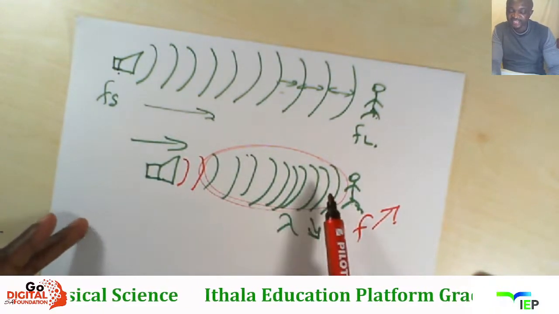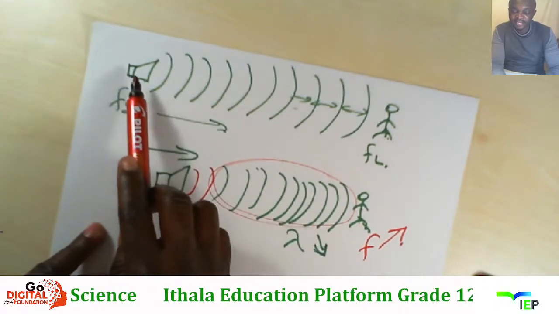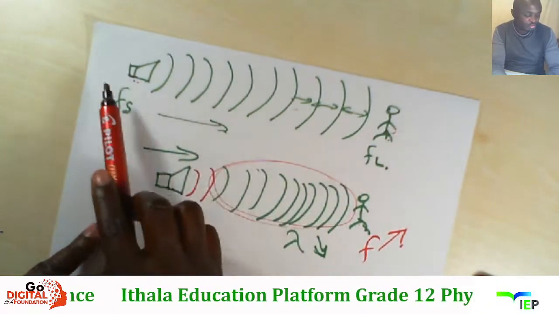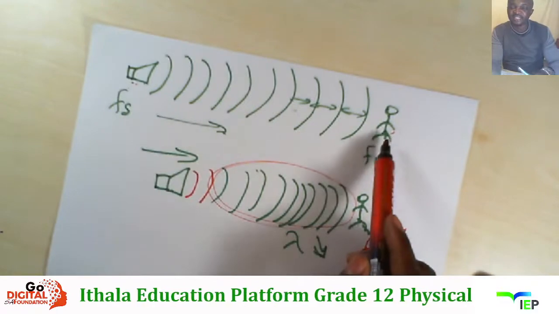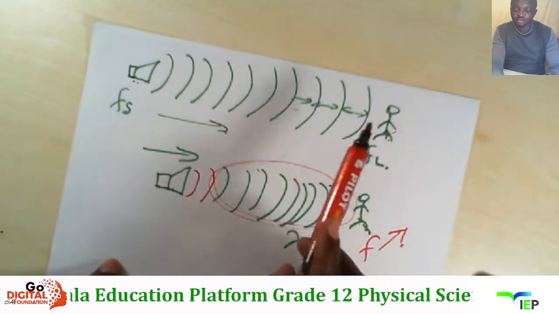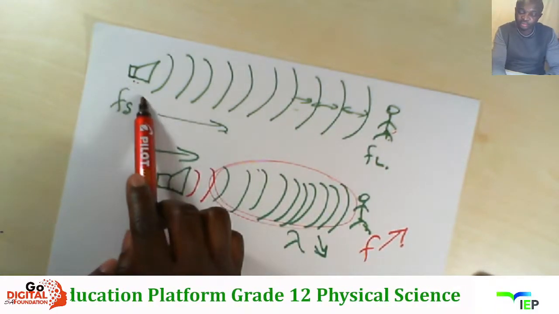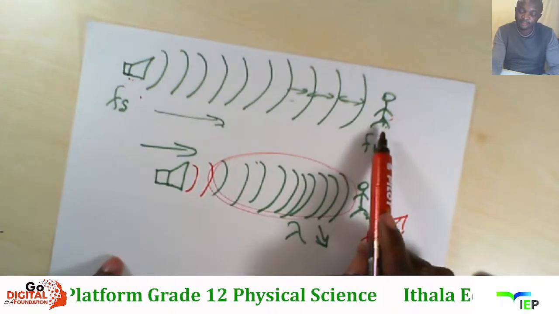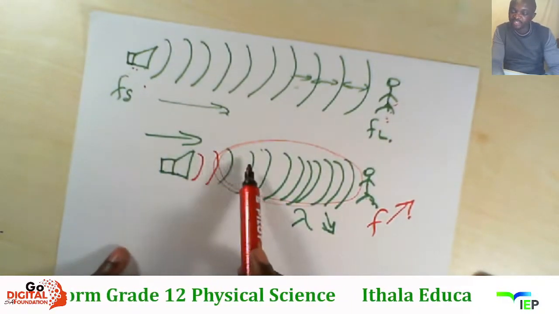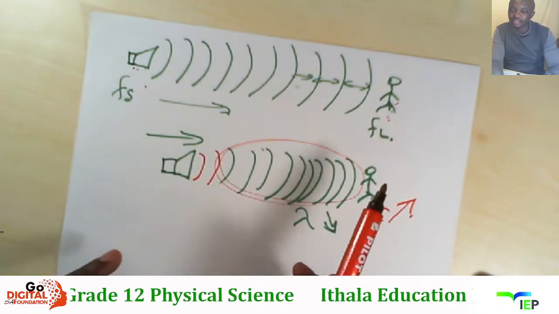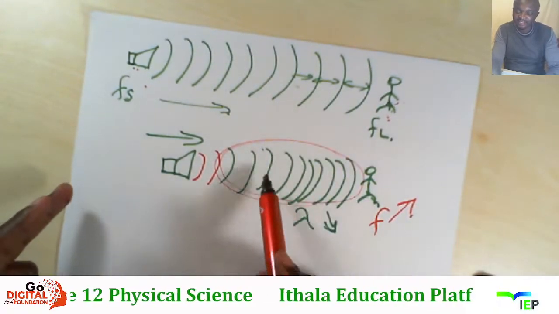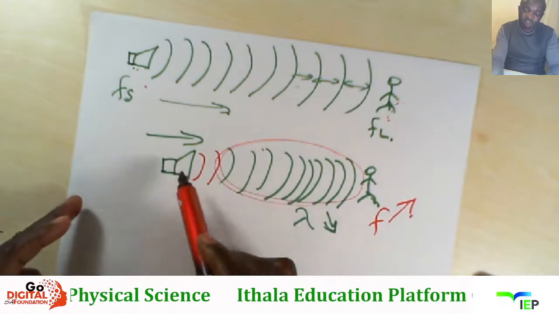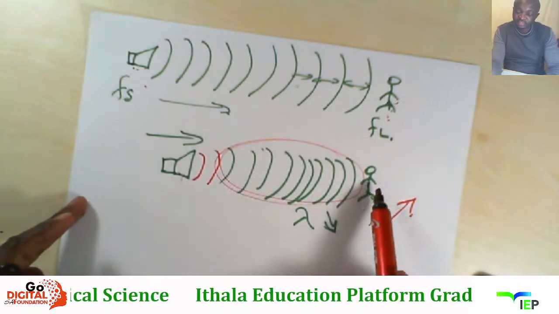That is the relative motion. By the time these two, the source of the sound and the listener, are not moving, there is no Doppler effect. The frequency produced will be exactly the same as the frequency this person receives. But by the time this one starts moving toward this one, we compress the waves in between the source of the sound and the listener.